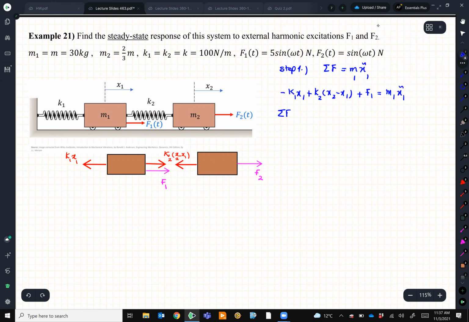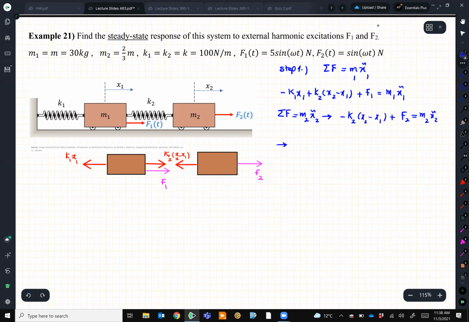We will do that for M2 X double dot 2. So what do we have? We have minus K2 (X2 minus X1) plus F2 equal to, not 0, M2 X double dot 2.